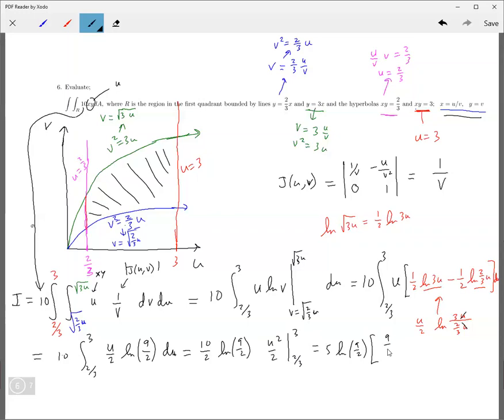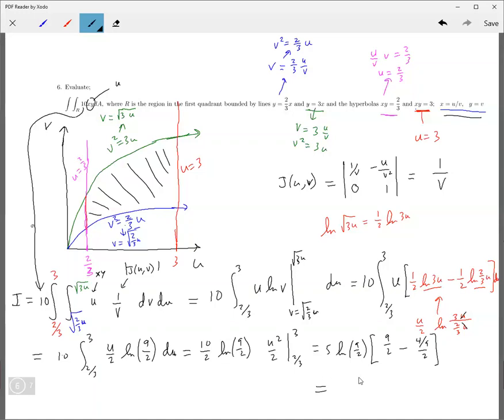And this is going to be 9/2 minus 4/9 over 2.